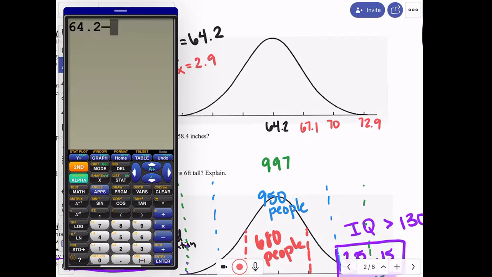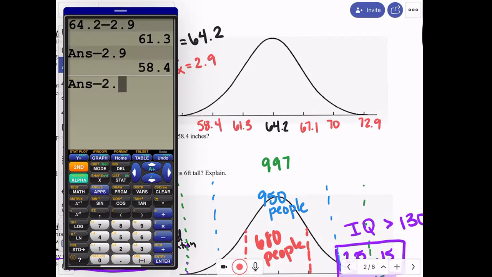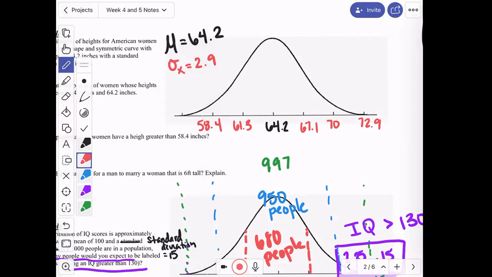From 64.2 minus 2.9, 61.3, minus 2.9, 58.4, minus 2.9, 55.5. Does everybody understand what I did? Added standard deviations, subtracted standard deviations, right?